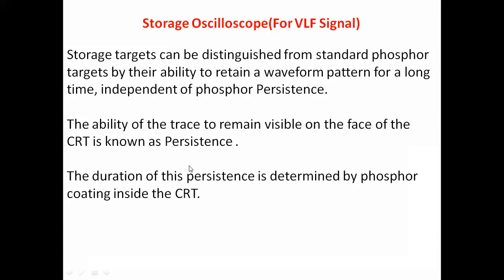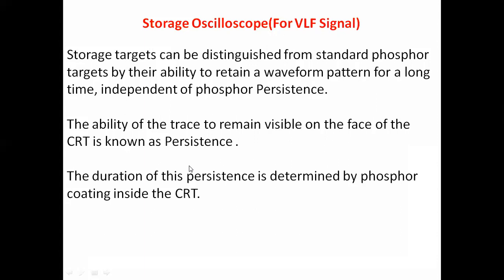So we cannot store it, and we also cannot observe it continuously, because the light generated at the phosphor screen disappears. Only if the signal is continuously falling on that particular area can we observe it.